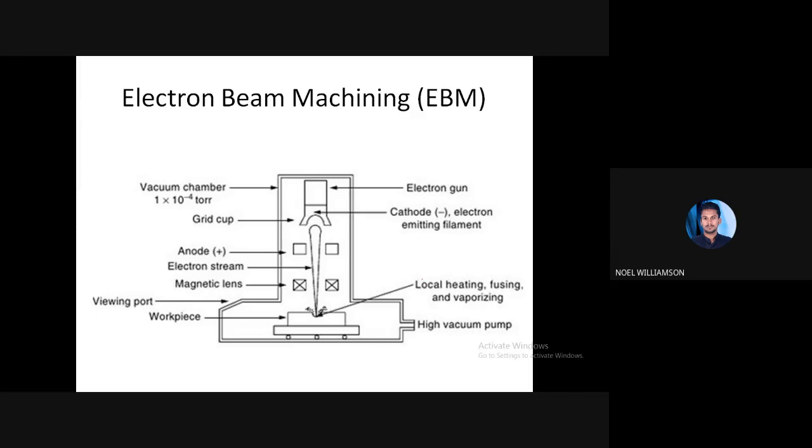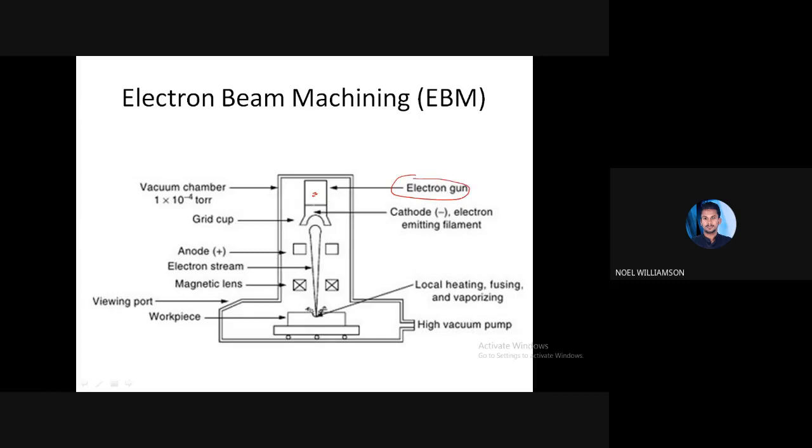So what is electron beam machining? This is the metal removal process by which a high velocity focused stream of electrons is used. So the electrons are emitted by the cathode. Here also you can see in the figure, this is the setup. This is the electron gun, which is connected to the cathode.